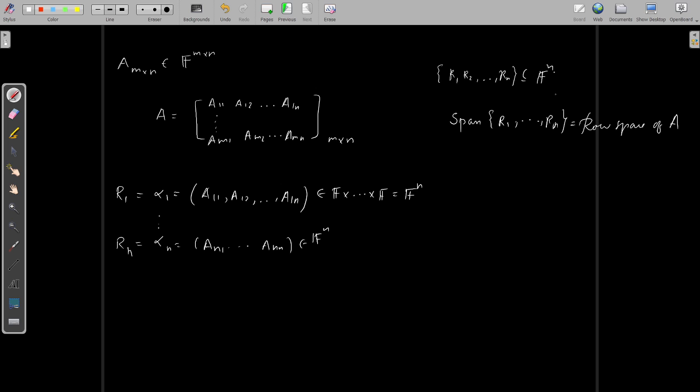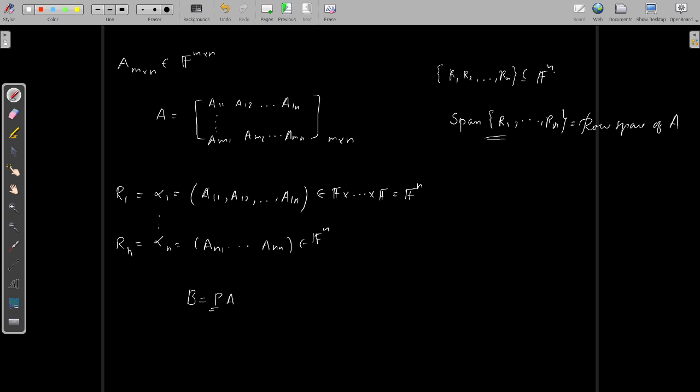Similarly, you can construct the column space using the columns C1, C2, etc., which are elements of Fm rather than Fn. Now in this section we will discuss the importance of the row space of a matrix. Once you write the row space of A and consider another matrix B obtained by performing a number of row transformations on A, that means B is equivalent to A. Now you can get a non-singular matrix P to connect A and B.